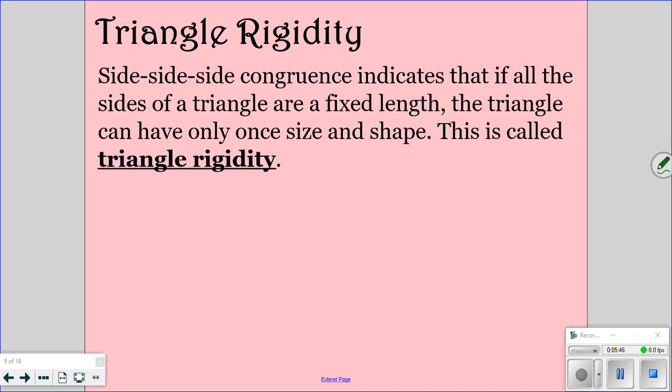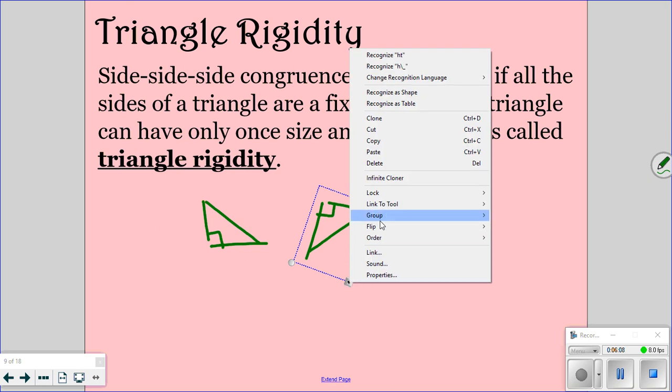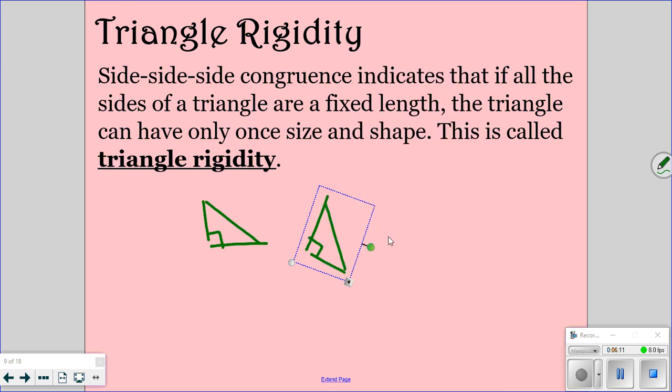So triangle rigidity is talking about when you take your triangle, and let's say it's a right triangle, and you rotate it, or you flip it, or whatever you do, no matter what you do to it, the side lengths are still going to be the same length.